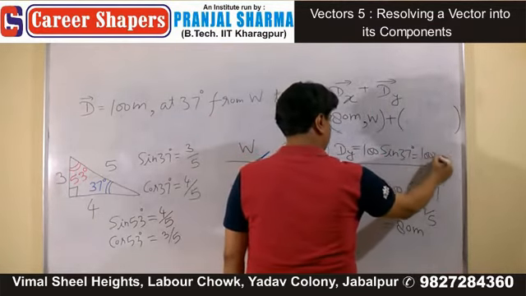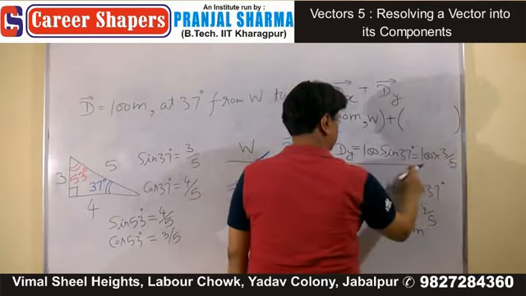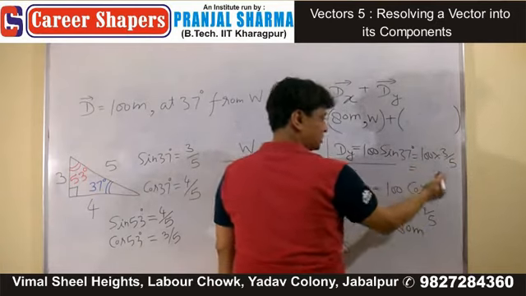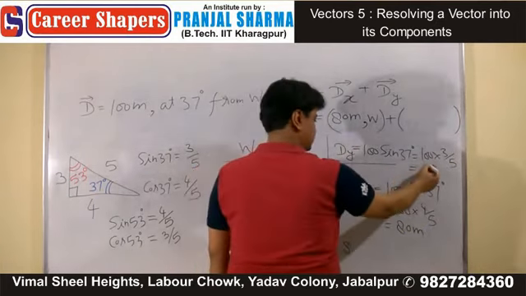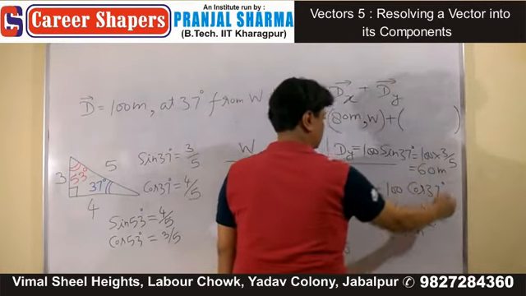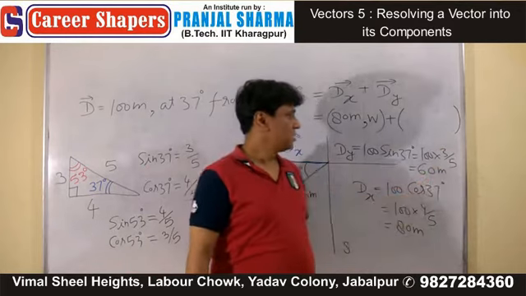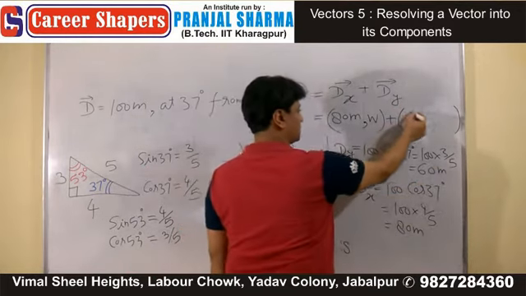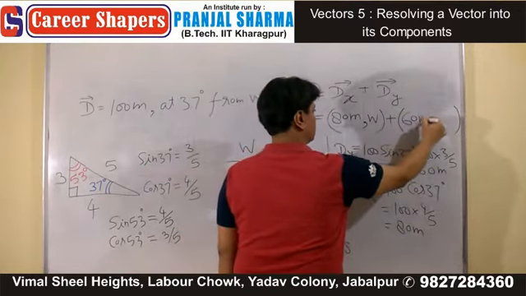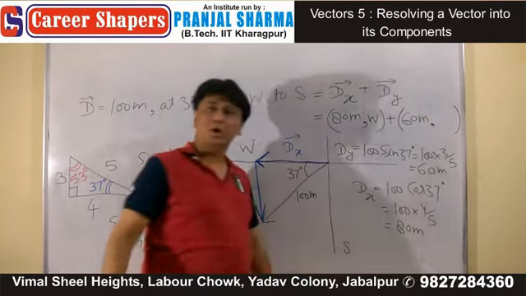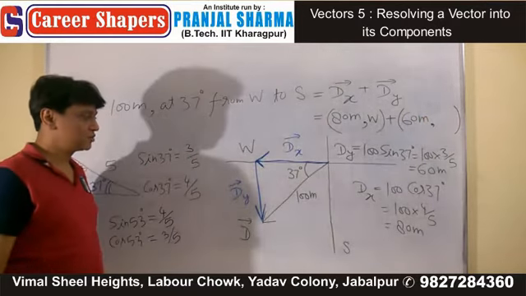This is 100 into 3 by 5, which is 60. You're moving 60 meters. And what is the direction?